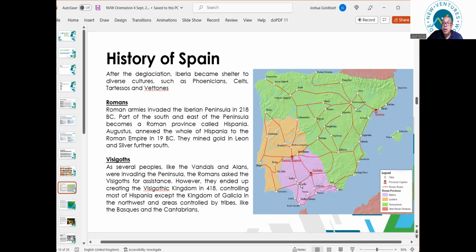So cities like Cordoba, cities like Salamanca, cities like Tarragona or Valencia, or even Alicante, which was called Lucentum. These were Roman cities.